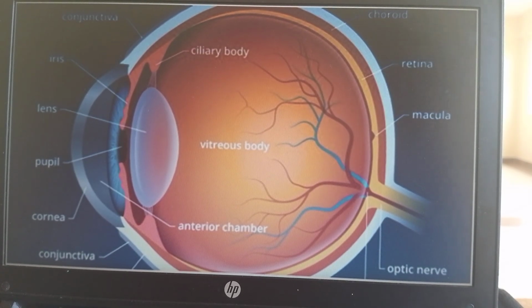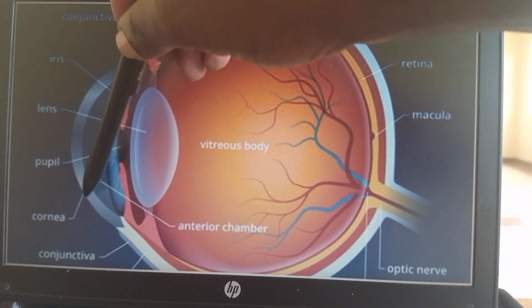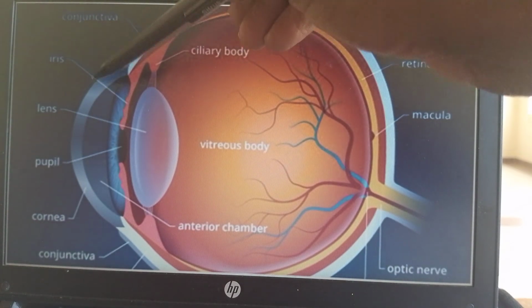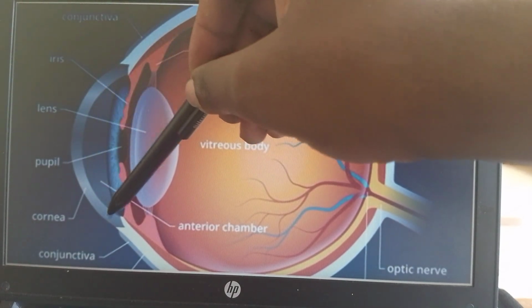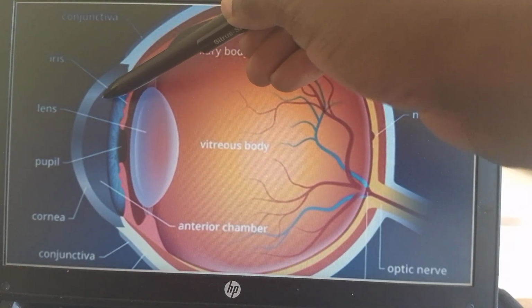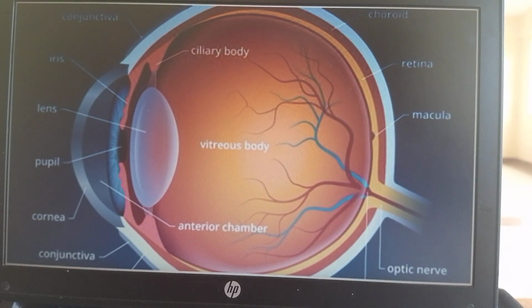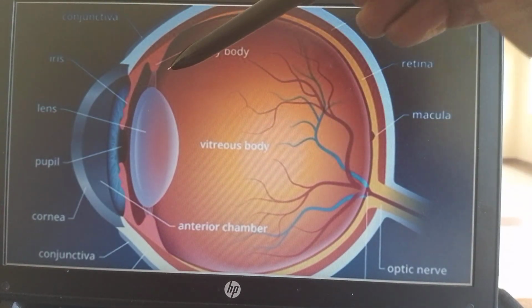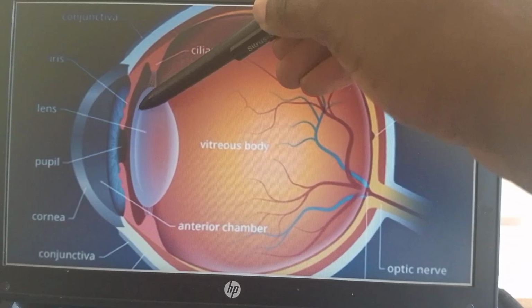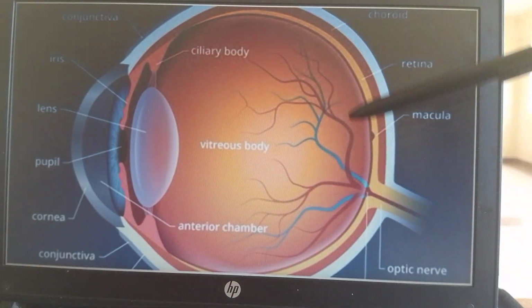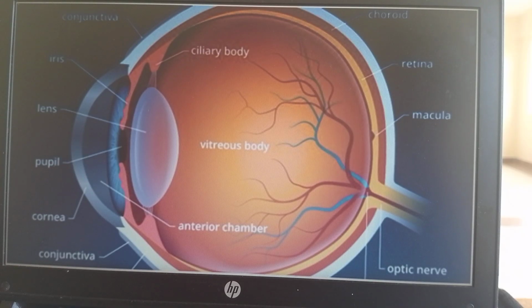One thing you need to remember is that the tear film on the surface of the cornea itself, the aqueous humor in both anterior and posterior chambers, the pupil, the lens here, and the vitreous body form what we refer to as the optical system of the eye.